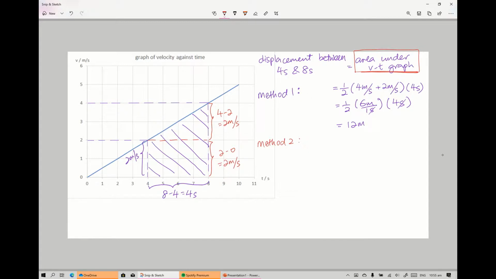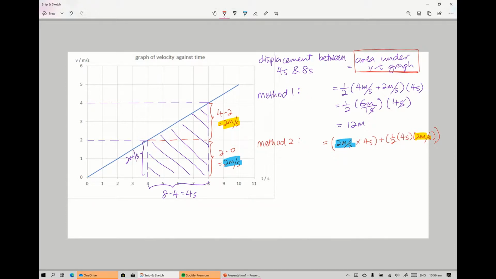So what you get is area of a rectangle plus area of a triangle: 2 meters per second times 4 seconds, plus half times base times height. This 2 refers to this one, and this 2 refers to this one.